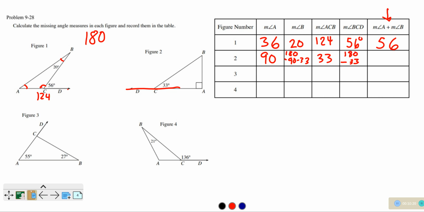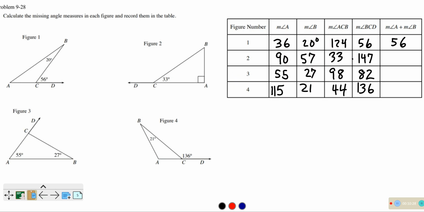All right. Now, you should have arrived at each of your answers for this problem. When you go through the math, you should arrive at these answers. Now, I want you to notice in each of these boxes, I noticed that 90 plus 57 is 147.